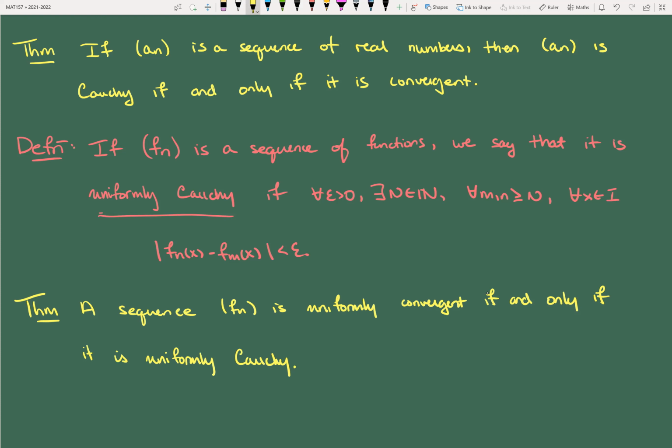Okay, this one isn't hard to prove if you assume the first theorem. Because basically, if you're uniformly Cauchy, you're pointwise Cauchy. And if you put in one element of x, and you don't look at the function, you just look at Fn of x as n goes to infinity, that is a Cauchy sequence of real numbers and therefore convergent.